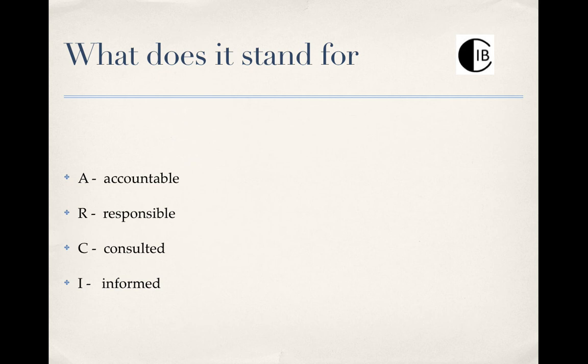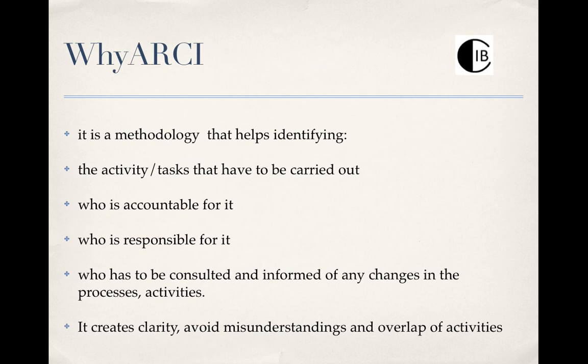So not only the person that is responsible to carry out the activity, but also those who are accountable whether something goes right or most likely whether something goes wrong. But also those that have to be consulted, which is a double-checking process, and those who have to be informed. It is not unusual to hear people saying, oh, but I didn't know the process got changed.